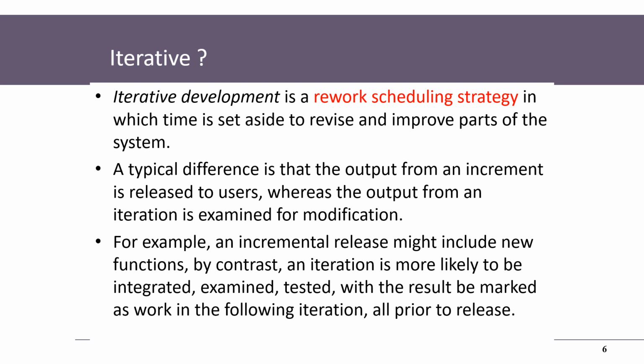By contrast, an iteration is more likely to be integrated, examined and tested, with the results marked as work for the following iteration, all prior to the release. So it's not testing separately. You test once you combine, and then it's much easier to do something. I think these are good practices that people follow even in Agile.